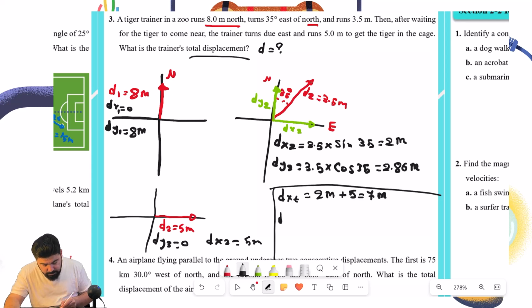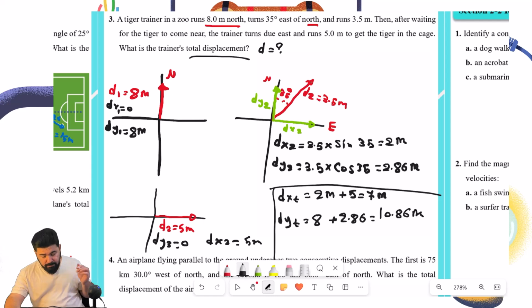What about dy total? Here I have 8, so dy total is equal to 8 meters plus dy2, 2.86, so this is equal to 10.86 meters. That is my dx total and dy total.